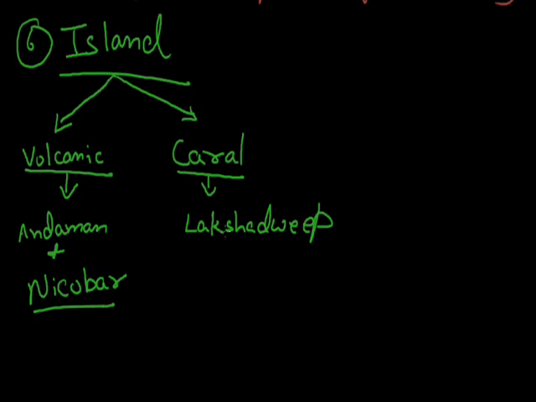The name Lakshadweep comes from a Sanskrit word. Here, Lak means lake. A group of lake islands is called Lakshadweep Island. The Andaman Nicobar is again divided into two parts. The northern is called the Andaman, and the southern one is called Car Nicobar.